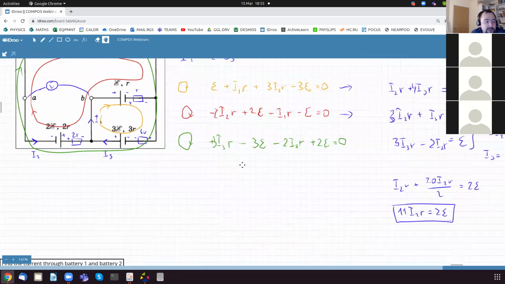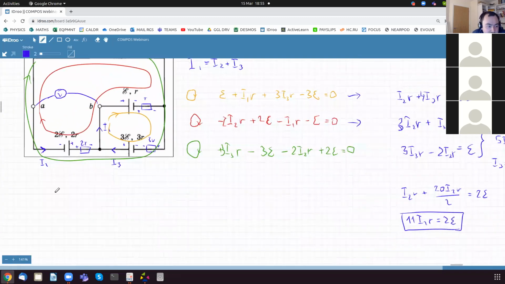So finally, we need the voltage between points A and B. If we go from A to B like this, it's going to be minus 2 EMF plus 2 RI2. So I need I2R from here.